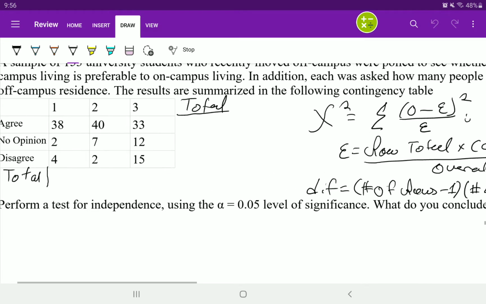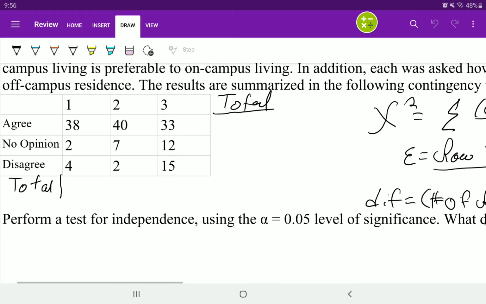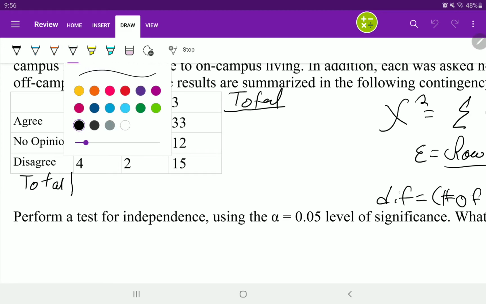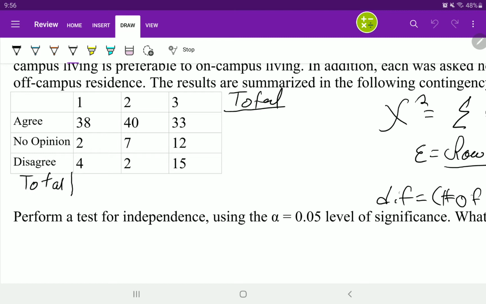Each data value will have its expected frequency. But before we do that, let's find the row totals and the column totals. For my agree option in my survey results, if I add up my values 38, 40, and 33, that equals 111.